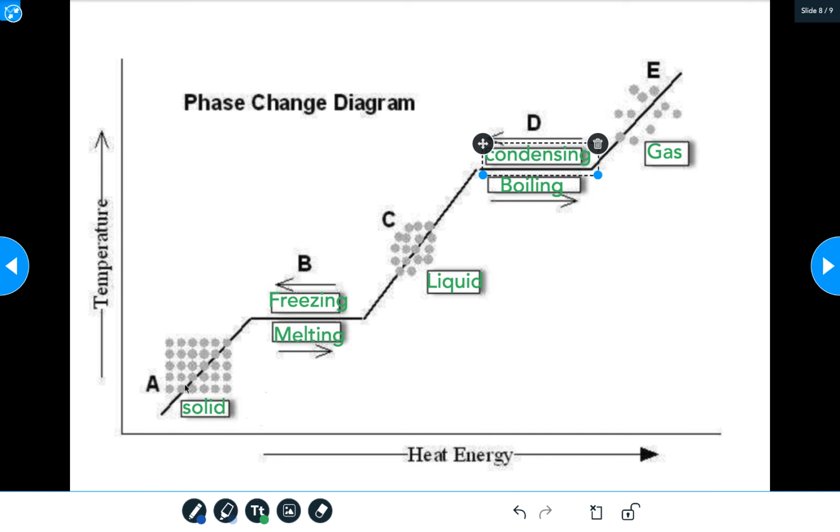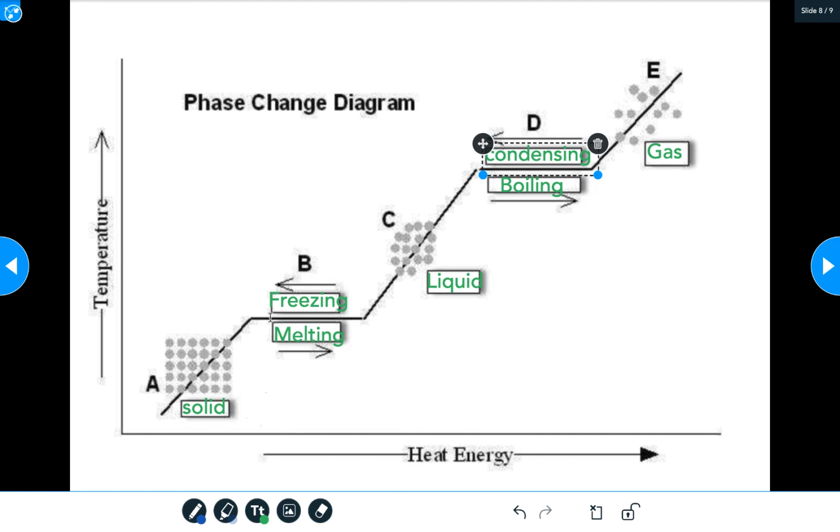So temperature's going up, up, up. But at this point, where the phase change begins, all the energy that you're putting into it is going into breaking bonds between the molecules. So the temperature is not going up during a phase change.